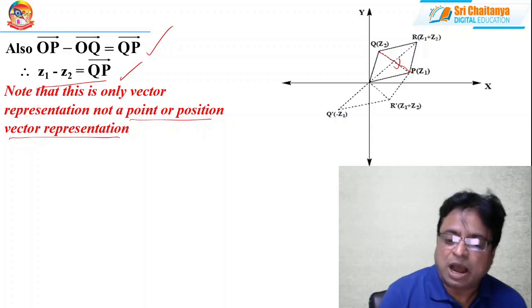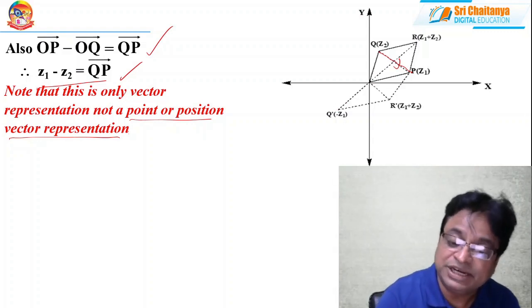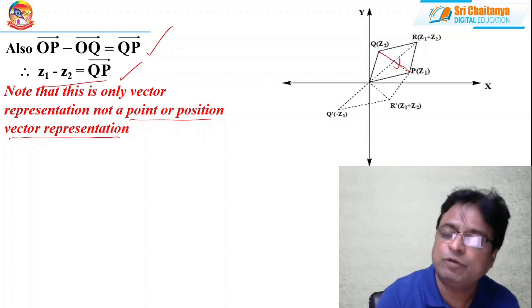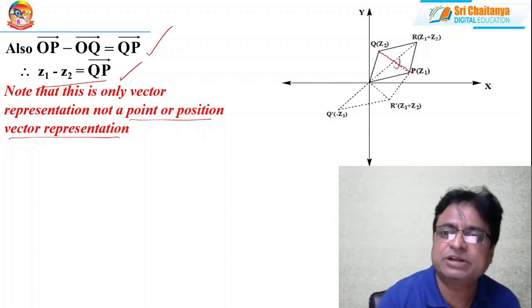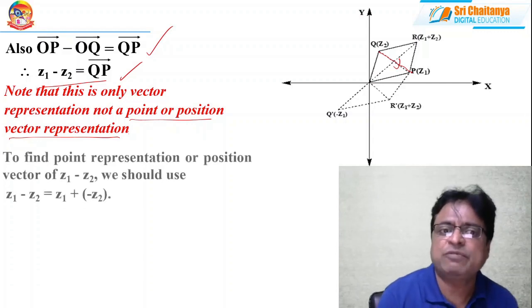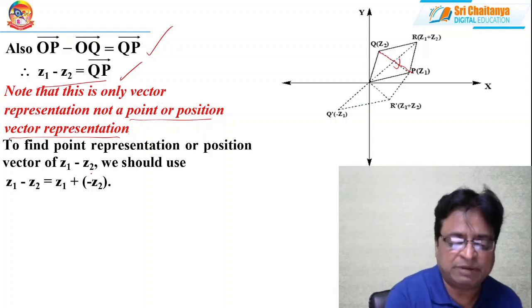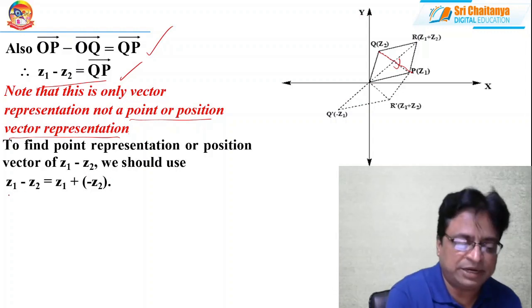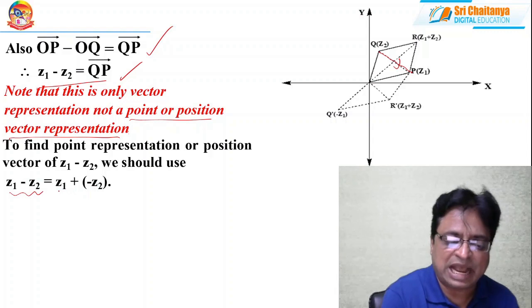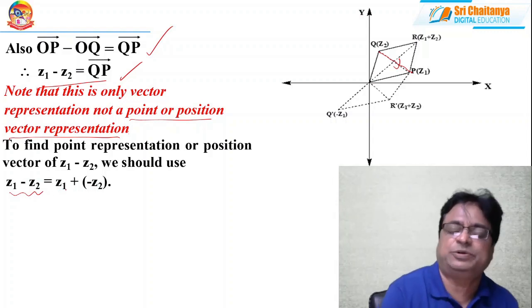But geometrically, where can we find the subtraction of two complex numbers? That I will explain through the diagram. To find the point represented by Z1 minus Z2, I can write Z1 minus Z2 as Z1 plus minus Z2.